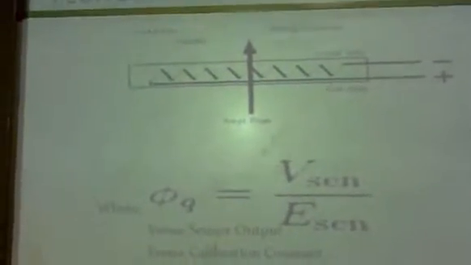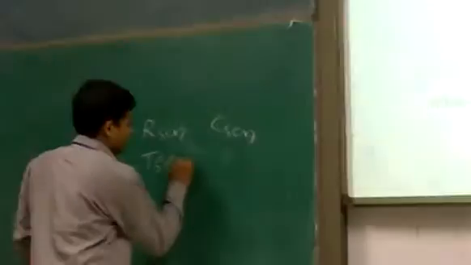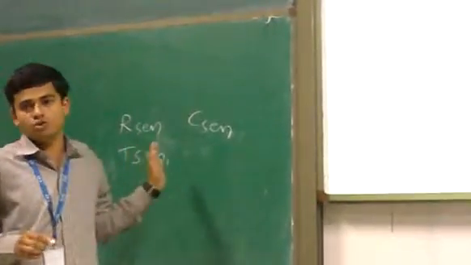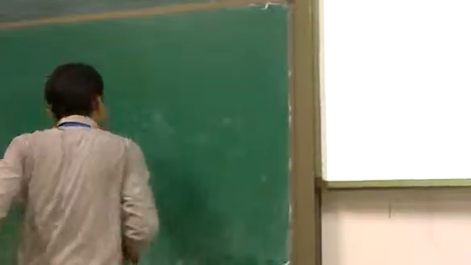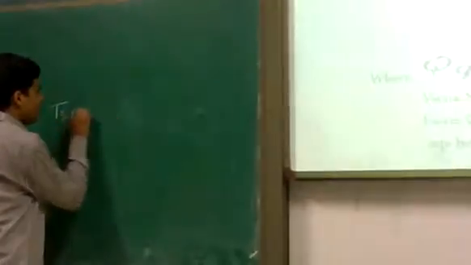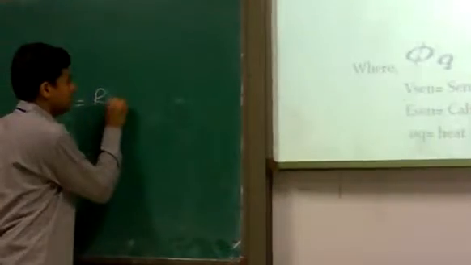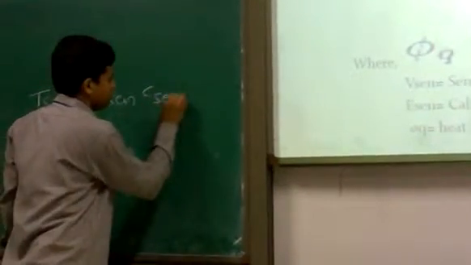To understand this diagram, we will simply put R and C. Like this, the diagram is converted into an electrical diagram. This is for resistance, this is for capacitance, and T sen. T is nothing but the response time. By using these three phenomena in this characteristic, we finally get T sen is equal to R sen into C sen.